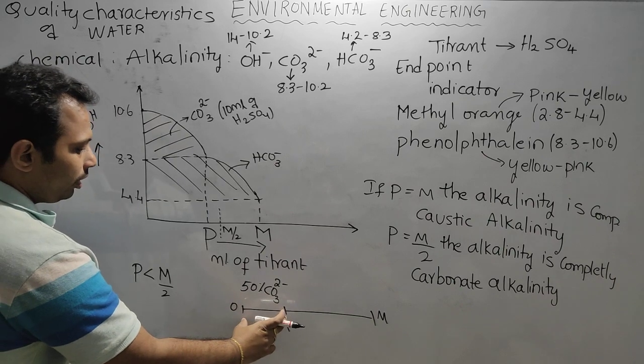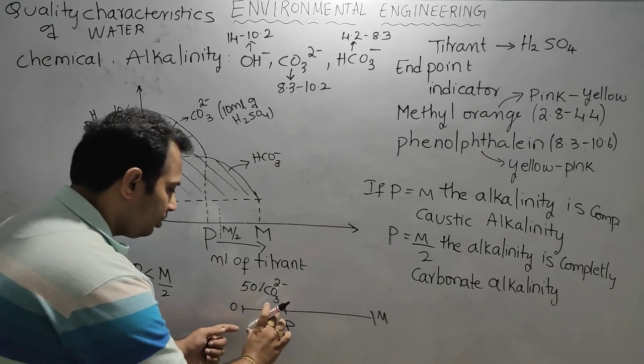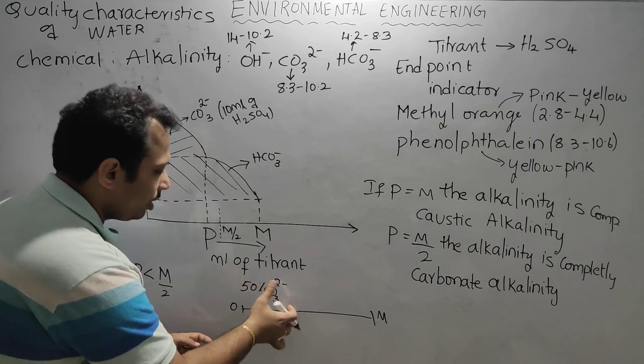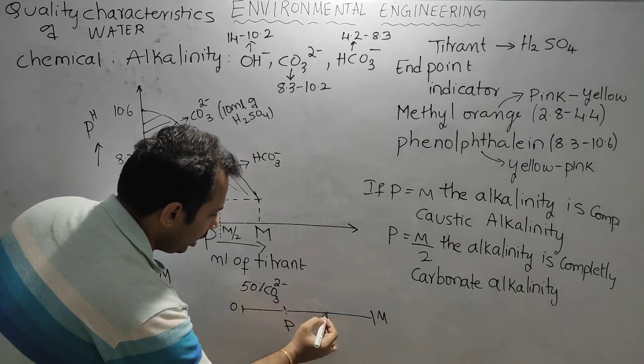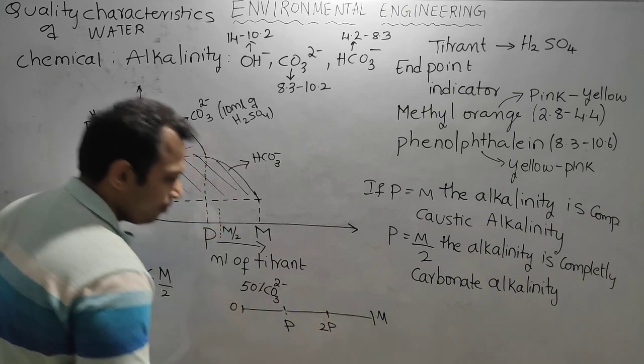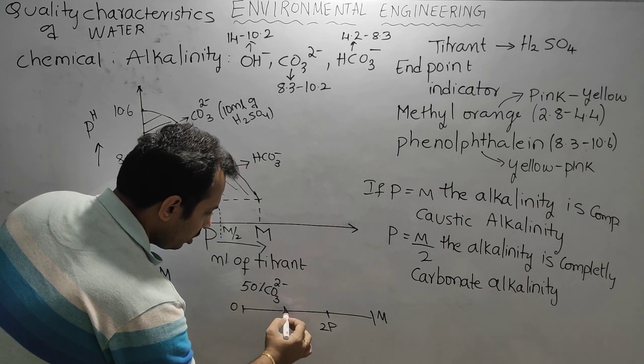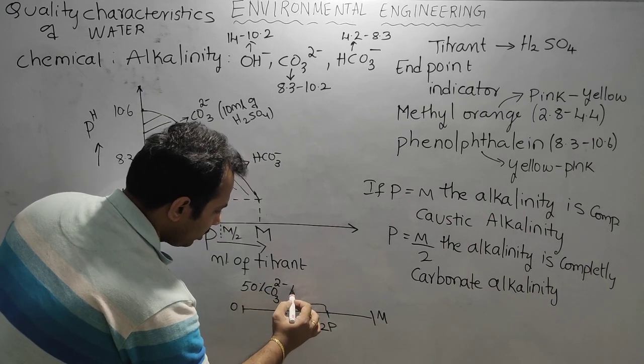So 50% CO3 2 minus will get neutralized in this range. The same amount is needed in this direction also, that is P again, or we can say this is 2P. Again this is another 50% of CO3.